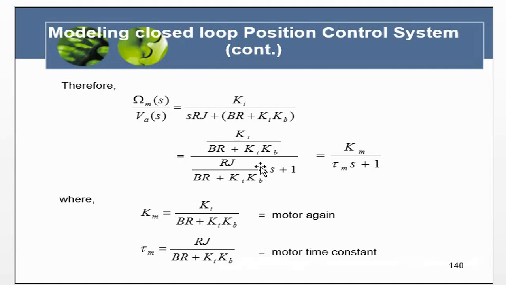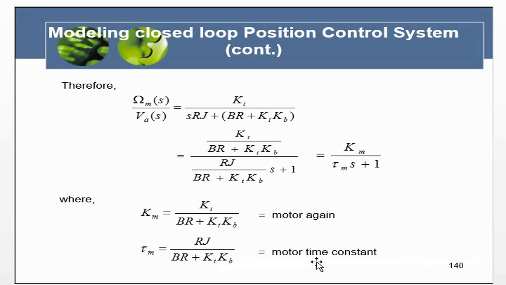And if we divide the numerator and denominator by BR plus K_T K_B, then we get this formula. If we assume K_m is equal to K_T per (BR plus K_T K_B), then we call it the motor gain, and tau_M is equal to RJ per (BR plus K_T K_B).